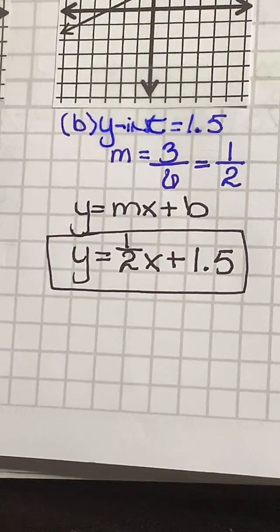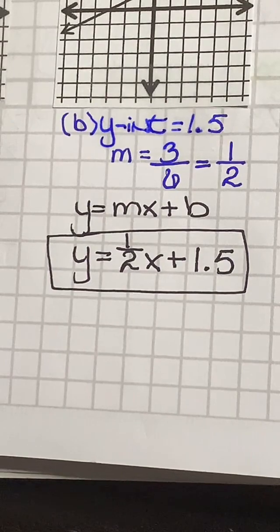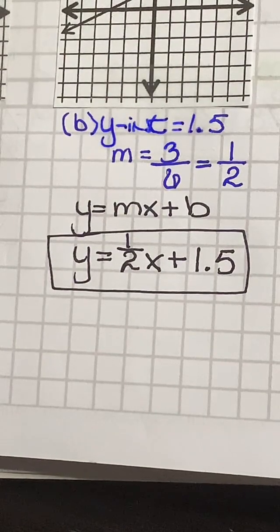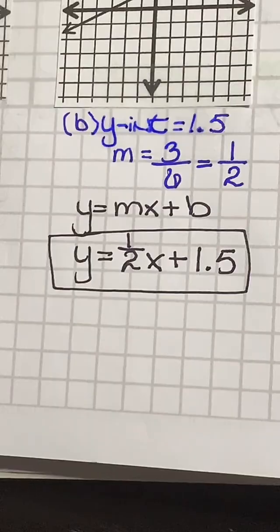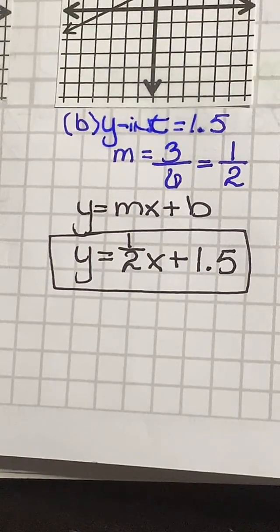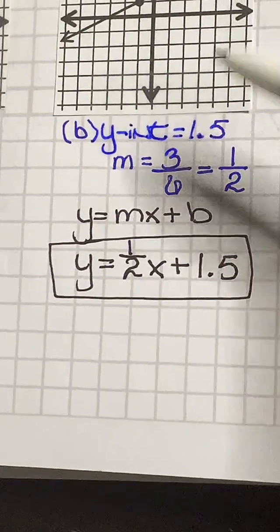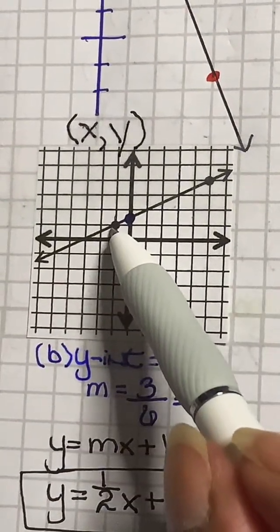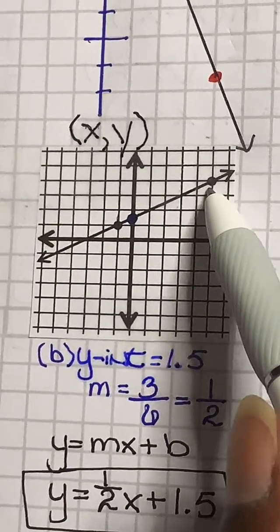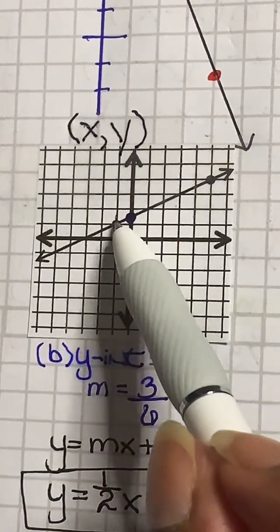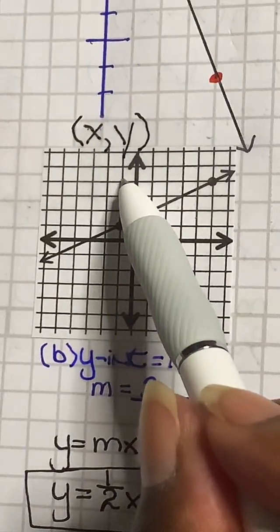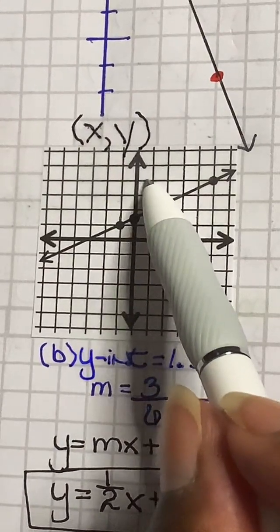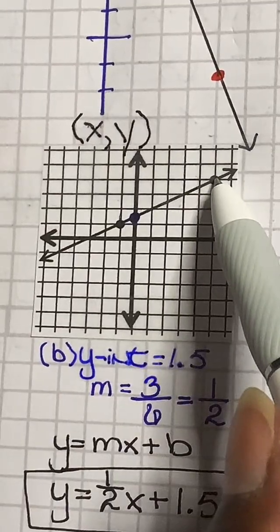Yeah, we don't have to solve. So the 3 and the 6 came from our movement from one point, which is this point here, to this point. Because finding slope is your rise, and we count up 1, 2, 3, and we count over 1, 2, 3, 4, 5, 6.